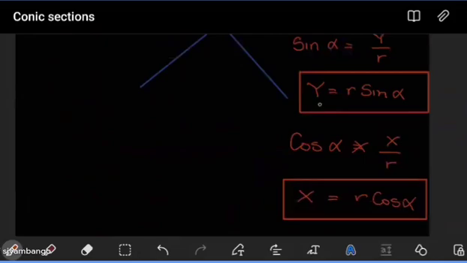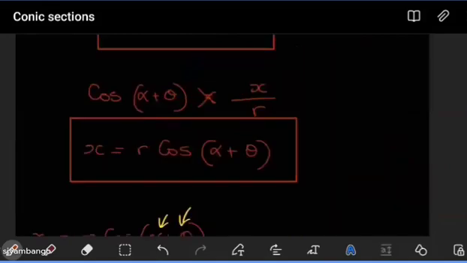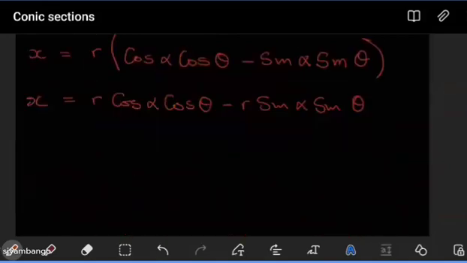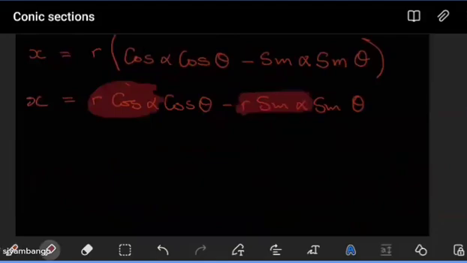Here, capital Y was identified to be r sine alpha, and capital X is r cos alpha. When you come to this part now, you just have to remember that r cos alpha is capital X and r sine alpha is capital Y. Again, remember this.